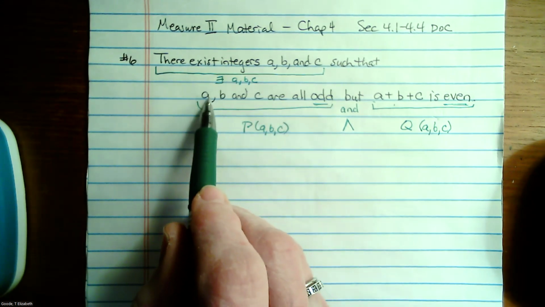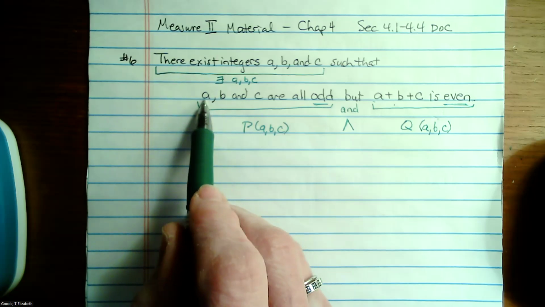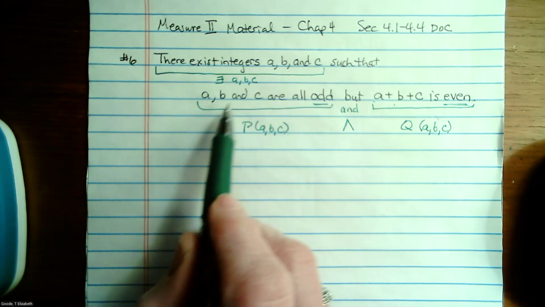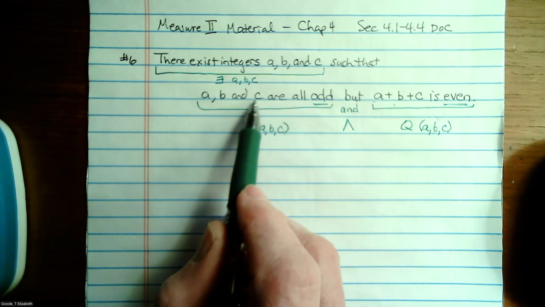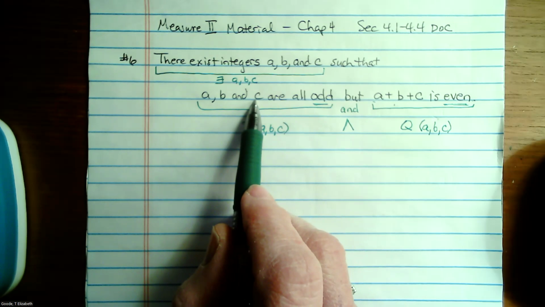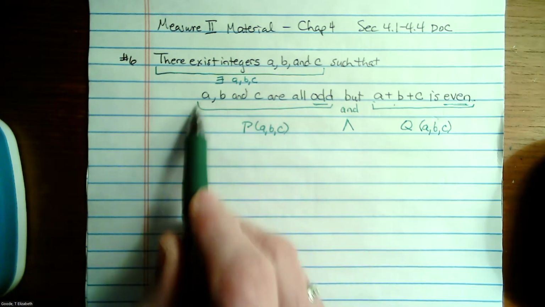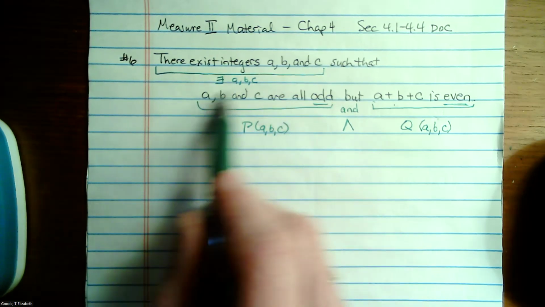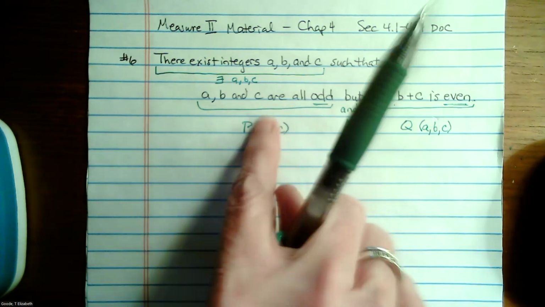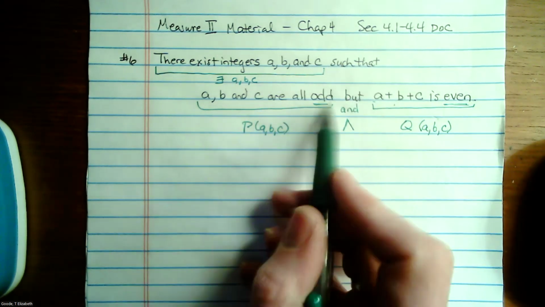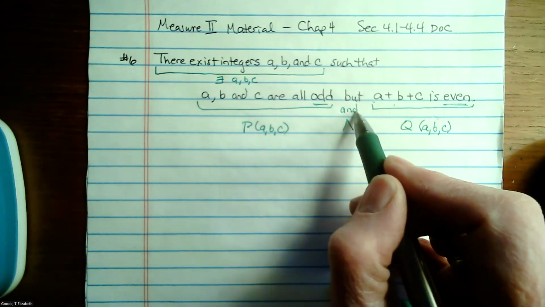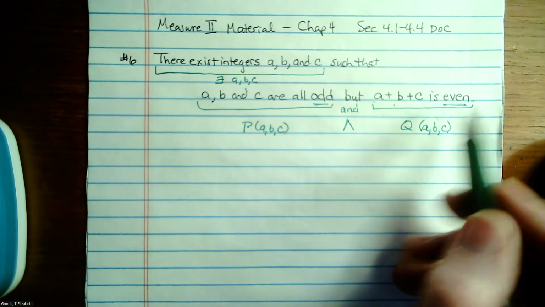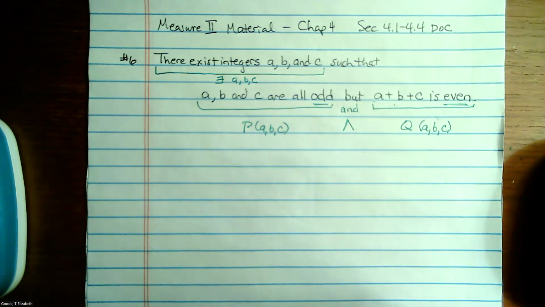This is the predicate P1 of A, A is odd, and P2 of B, namely B is odd, and P3 of C is odd. It's a compound component of a compound component, but it's easier just to say A, B, and C are all odd, and this quantity is even. They're really two different statements.